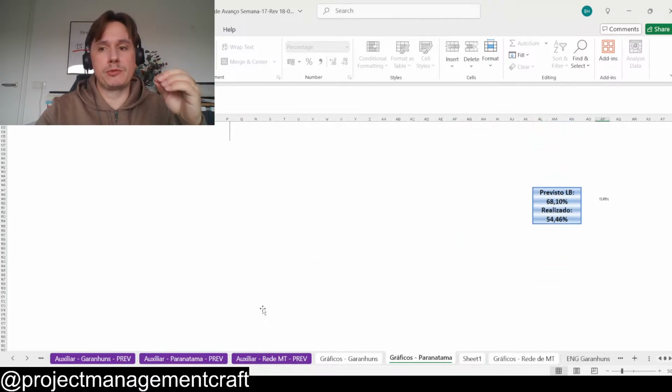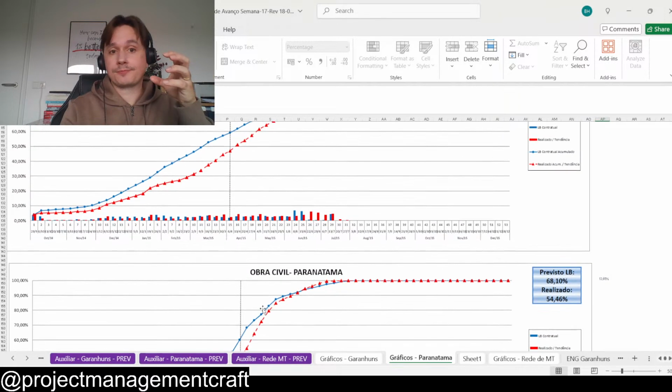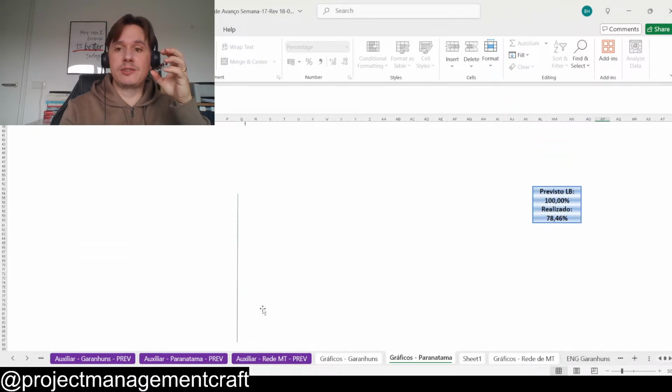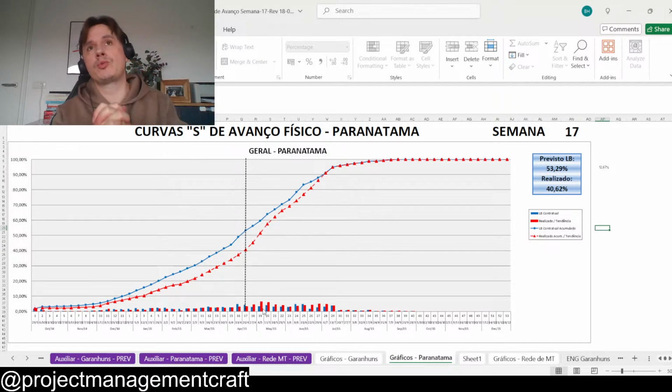With these curves here, it makes it very easy to localize the problem, but also makes it easier to come up with a plan. So, for example, if you say, okay, I want to recover this delay, what am I going to do? In the case of construction, you're going to work one extra day. We start to work on Saturdays. How do you recover this kind of stuff?